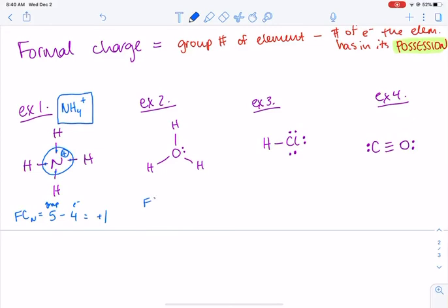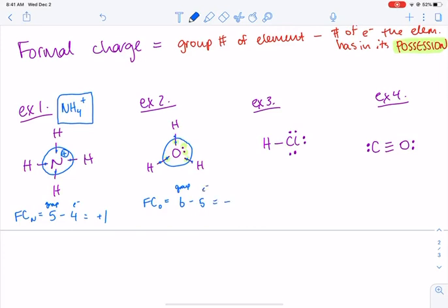Let's calculate the formal charge for oxygen here. We draw a circle around it. We know each one of these bonds has 2 electrons. There's an electron inside the circle and an electron outside the circle. But inside the circle we have 1, 2, 3, 4, 5 electrons. Oxygen is in the 6th group, and it has 5 electrons.